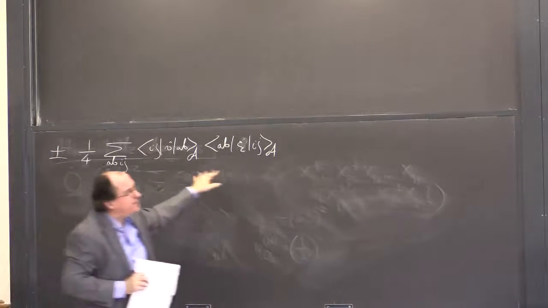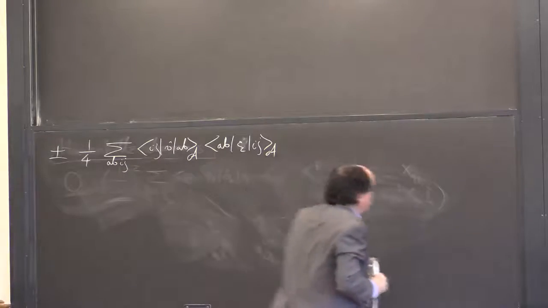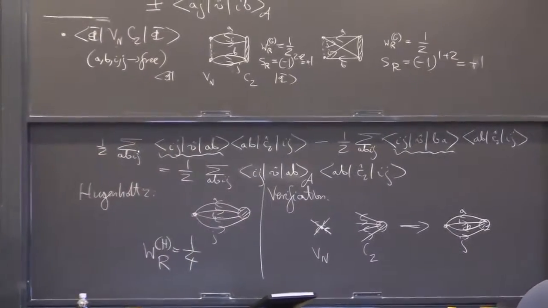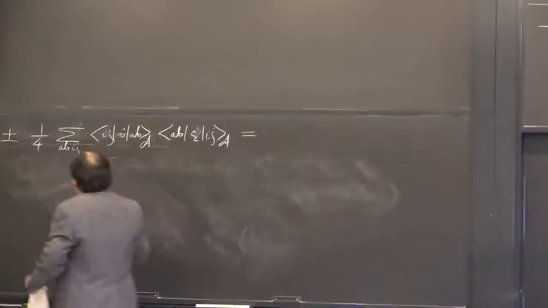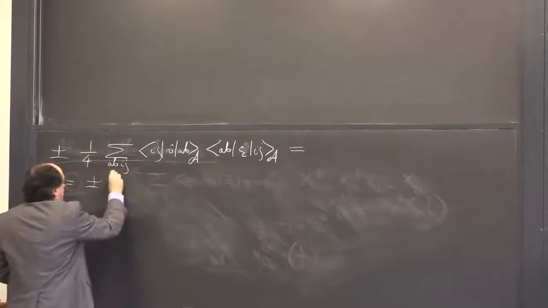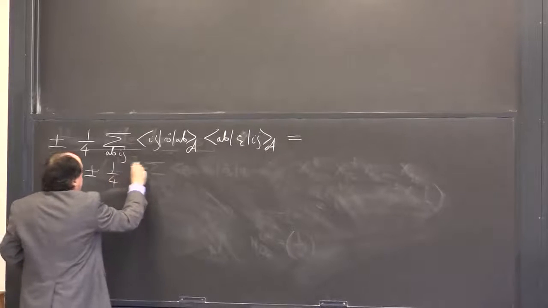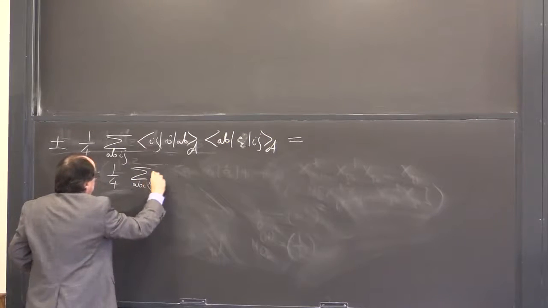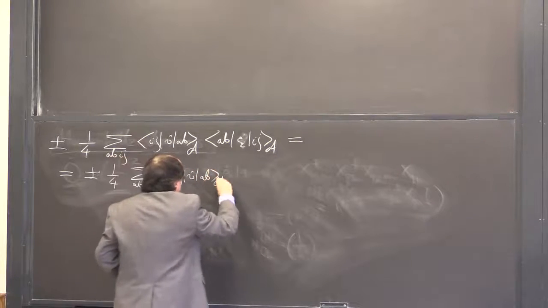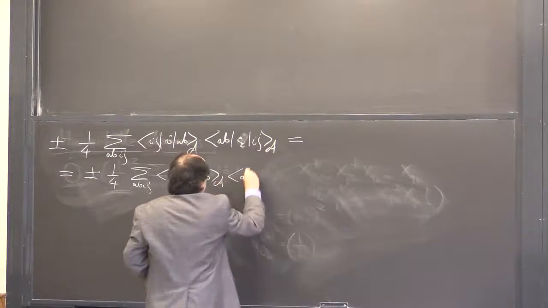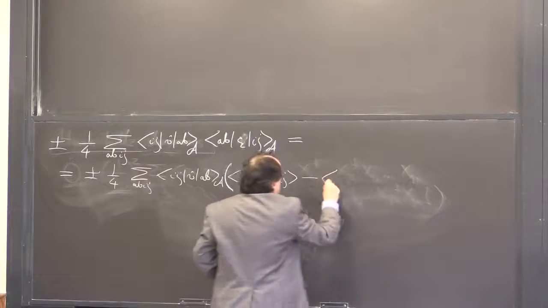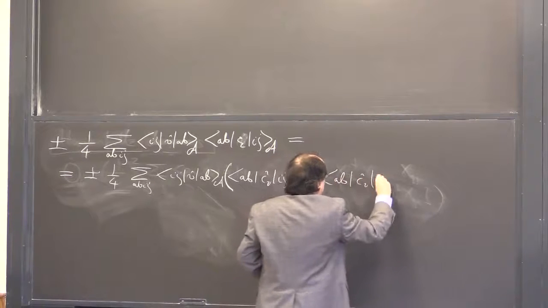And these expressions don't look identical when you compare what we obtain from the Hugenholtz diagram versus what we obtain here, but you can easily check that they are equivalent expressions. Let's just do it, so we also get used to it. After a sign, I'm going to keep the plus minus in front. What we have is a summation over AB ij, ij v AB, anti-symmetrized, times AB C2 ij minus AB C2 ji.